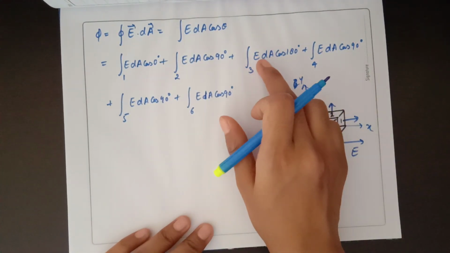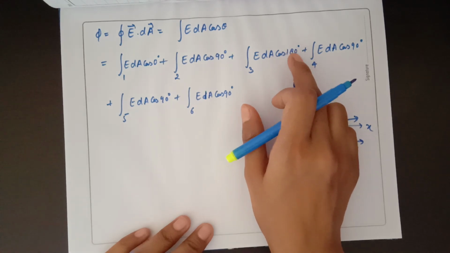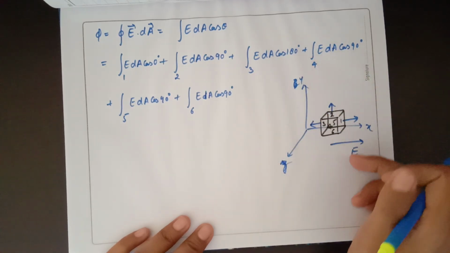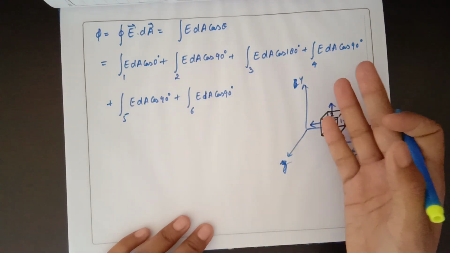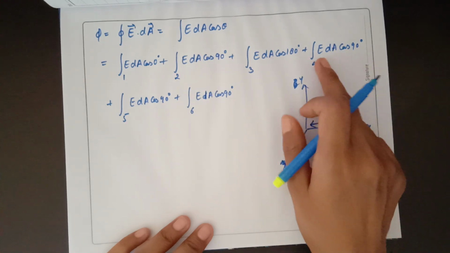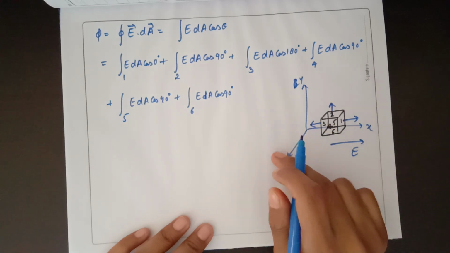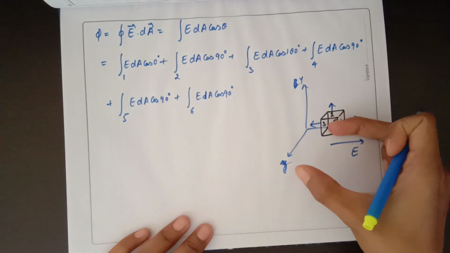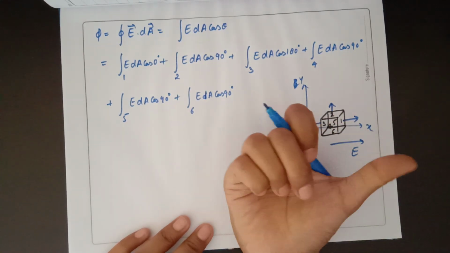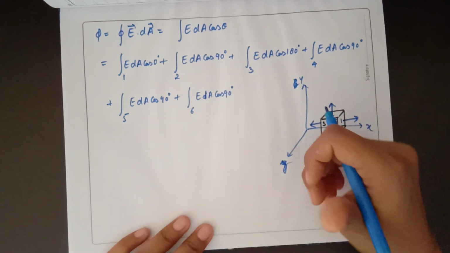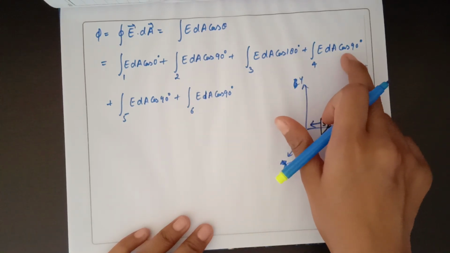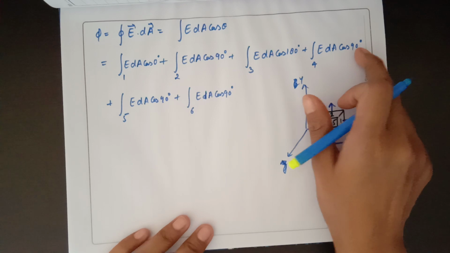So I have put a cos 180 degree here. The fourth is your front surface. For the front surface, this will be the normal, meaning it will be in the z direction, and again the angle between the electric field and the z direction will be 90 degrees. So I have put the 90 degree over here.